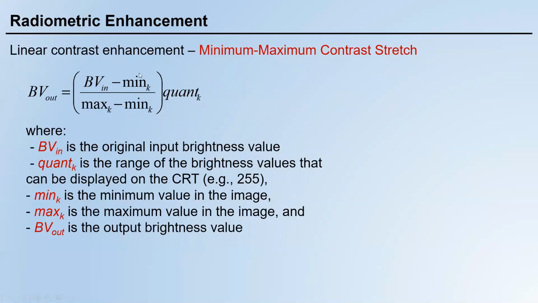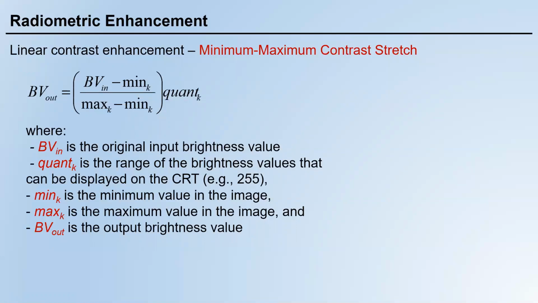So the equation is here. BV out is the output brightness value for a pixel. BV out is something we want. BV out is the output value for a specific pixel in your image.